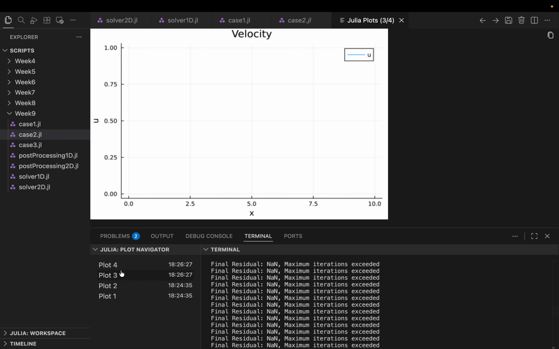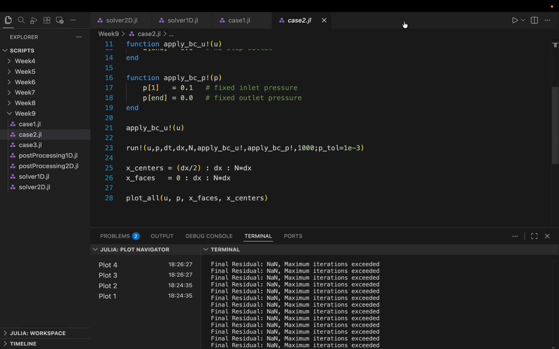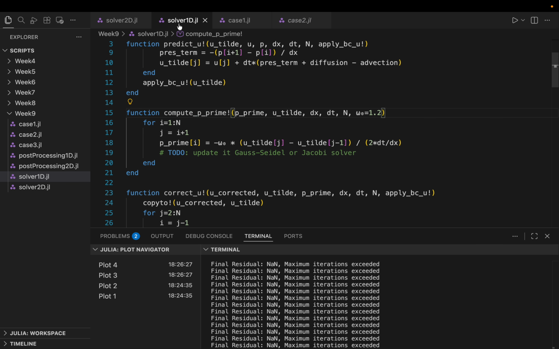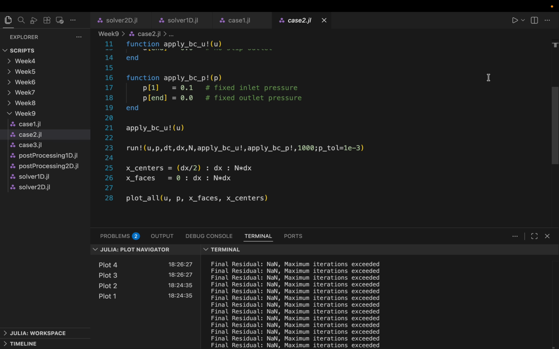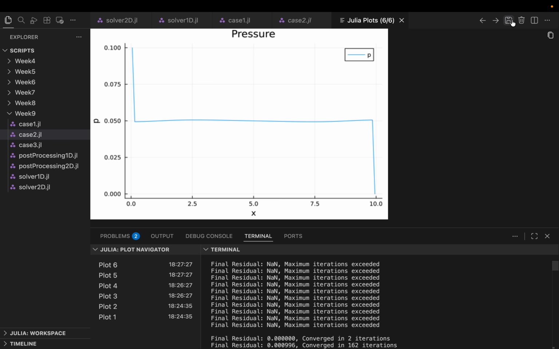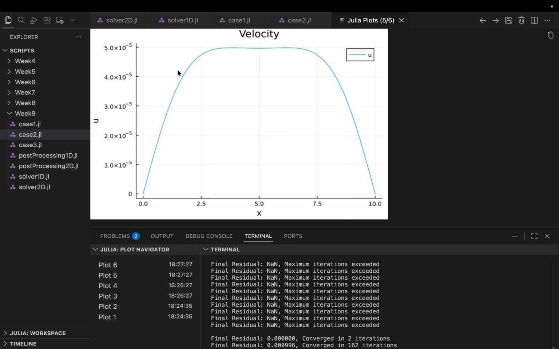Whenever you see something diverging, all we have to do is change our relaxation factor so that it will eventually reach a solution. In this case, we'll reduce this to say 0.6 or something. Then it will reach a solution, and you'll get the parabolic velocity profile that we expect for this problem.